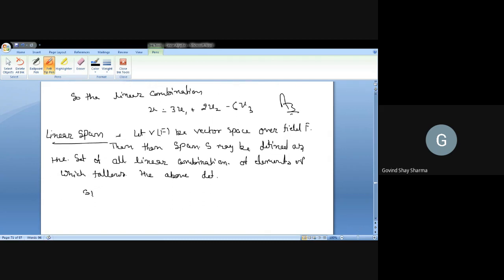The span can be written as the sum of lambda i vi, i equal to 1 to k, k belongs to N.